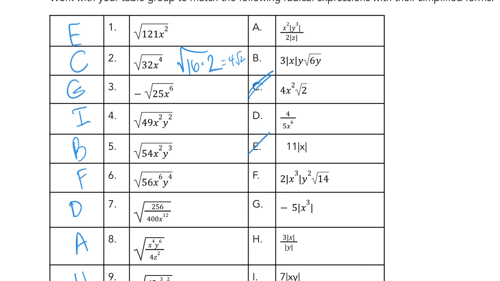So this is what we're going to be focusing on today, how to simplify when we have variables underneath the square root. Okay, so if we look up here, for example, with number 1, we know that the square root of 121 is 11, but we also then have the square root of x squared. Well, the square and the square root are opposite or inverse functions, and so they kind of cancel each other out.